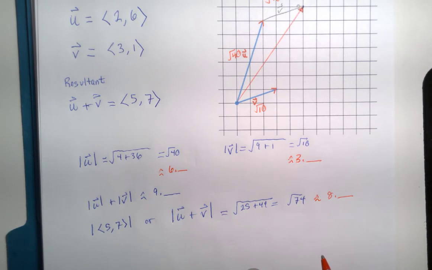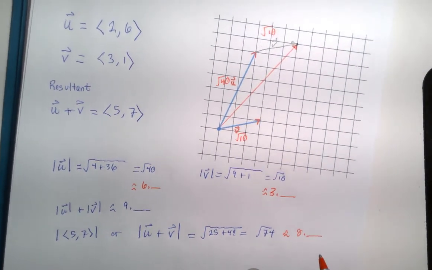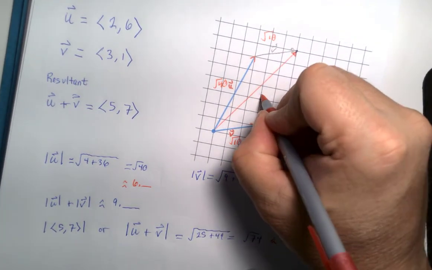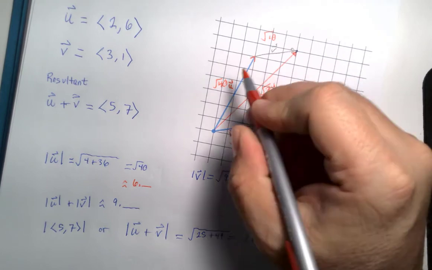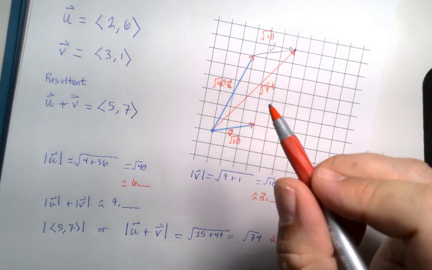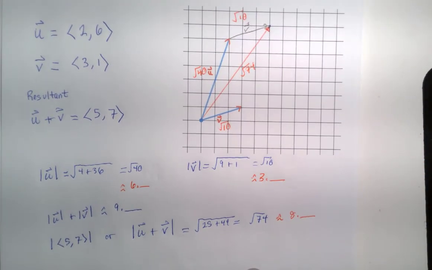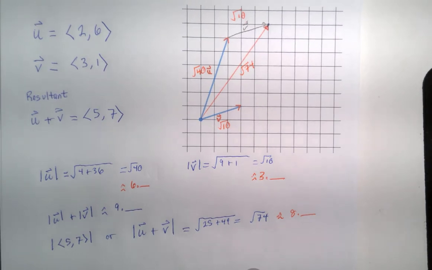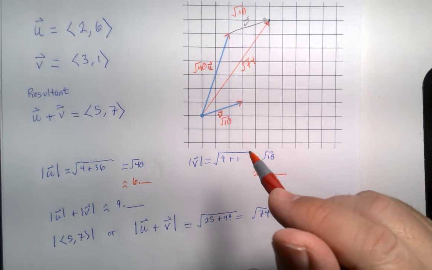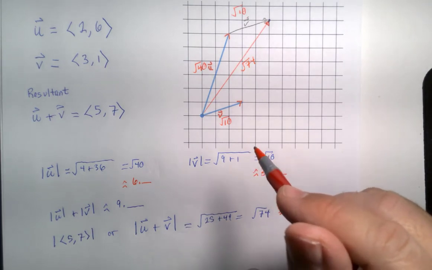So, does that make sense on the picture? Square root of 74, square root of 40, square root of 10, and I claim that your geometry teacher would say this is exactly what we would expect. It is sometimes called the triangle inequality.